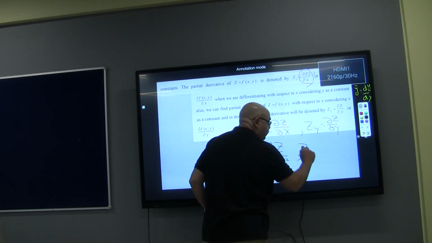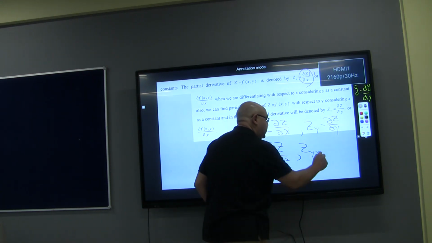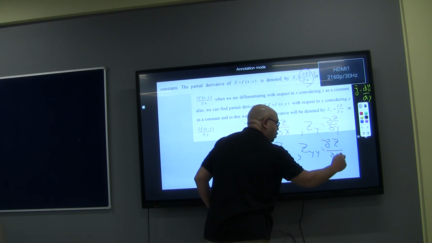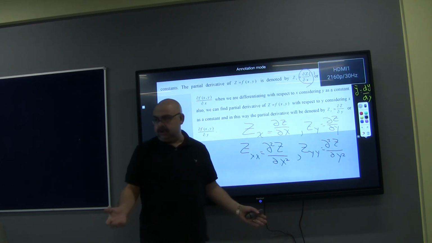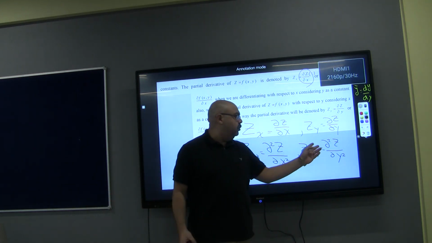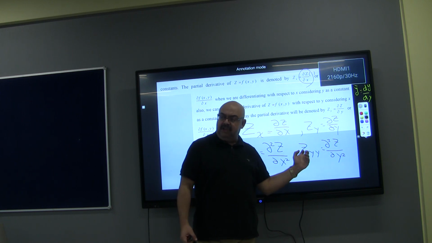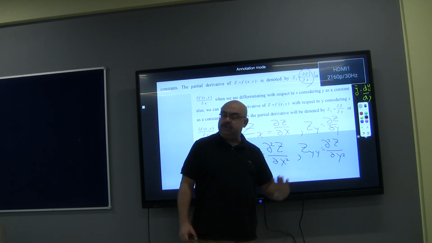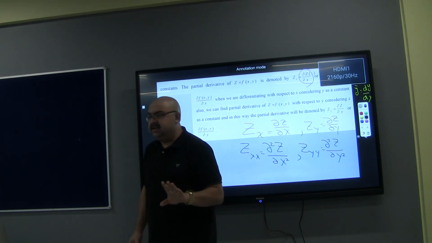Same way, if we are trying to get z yy, which is partial 2z partial y squared, we use the partial symbol for partial derivative. In this case, we will differentiate the z function 2 times, both times with respect to y, considering x as a constant.